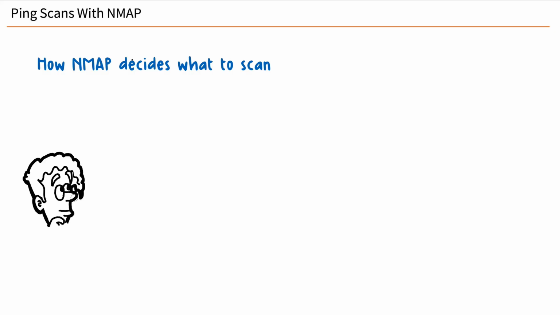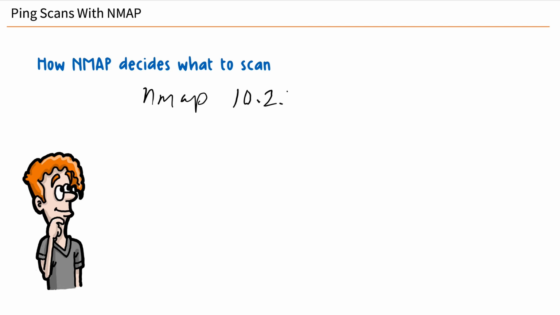So let's start off by talking about how Nmap decides what to scan. For instance, if I run the command nmap and I say, I don't know, 10.2.1.0/24, that's going to scan that whole subnet. Now, how does it actually decide what host to scan?